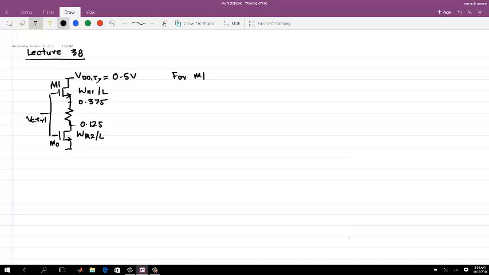For M1, R up is equal to 1 divided by K, using a square law model here, WN1 by L into V control minus 0.375 volt here minus Vt.